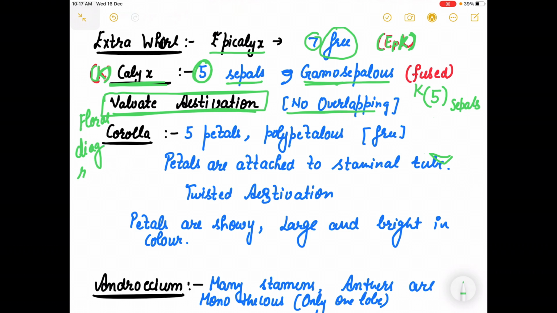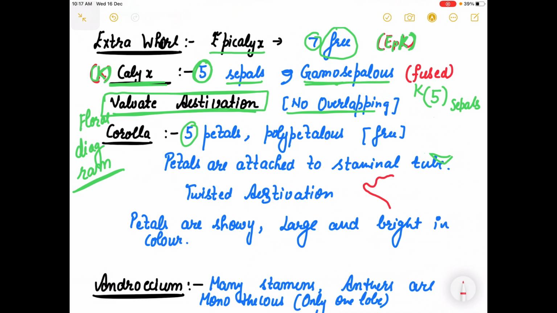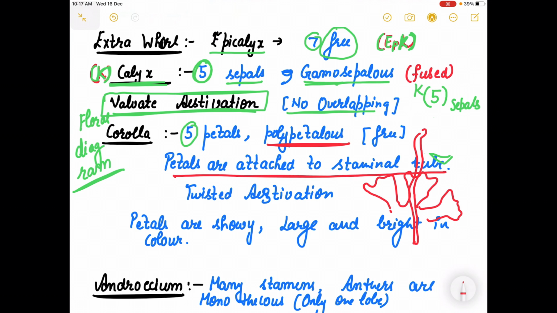But this estivation will help us in drawing the floral diagram. Corolla is having petals. How many? Number 5. Which type? Free? Yes. If you recall, और अगर आपने अपना चाइना रोज पास में रखा है, तो petals जो होती हैं they are free. So that is the polypetalous. Petals, they are attached to a tube, ऐसी एक ट्यूब नजर आती है आपको निकलते हुए बाहर, that is called staminal tube. Petals, they are attached to staminal tube.